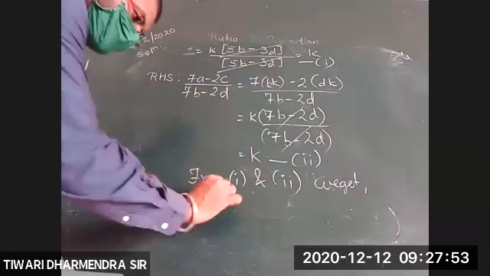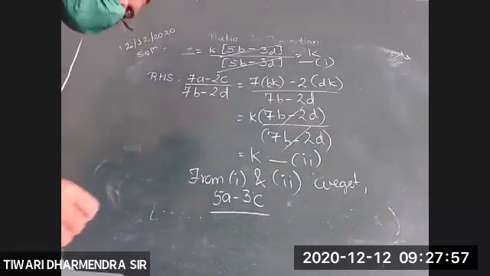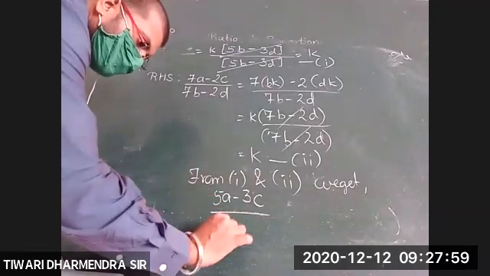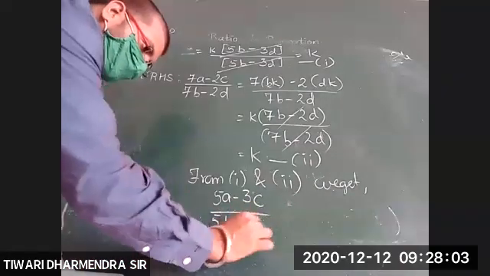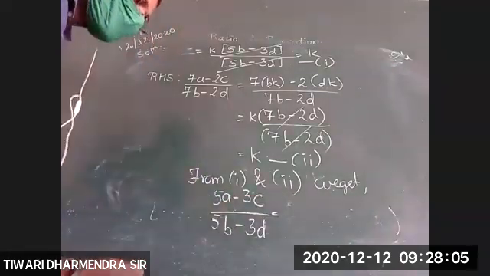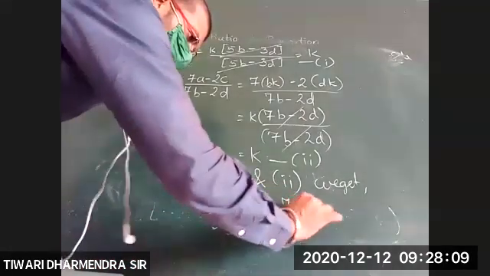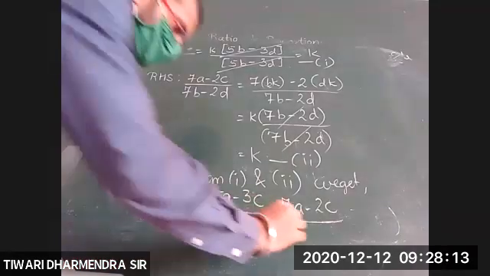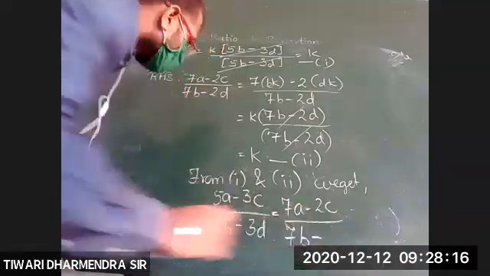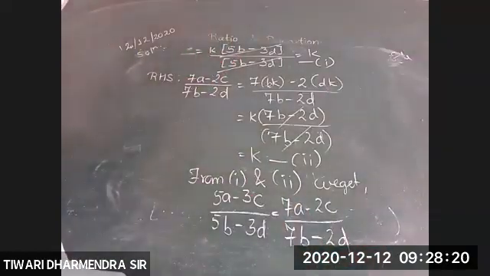Left hand side, that is 5a minus 3c divided by 5b minus 3d, is equal to 7a minus 2c divided by 7b minus 2d.